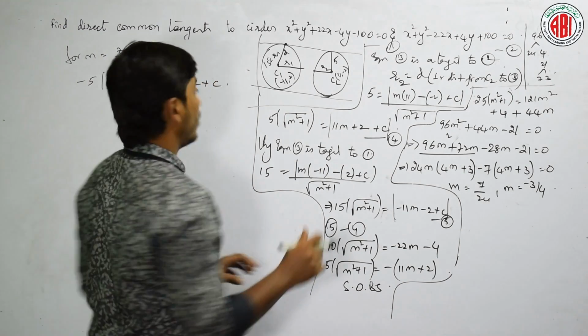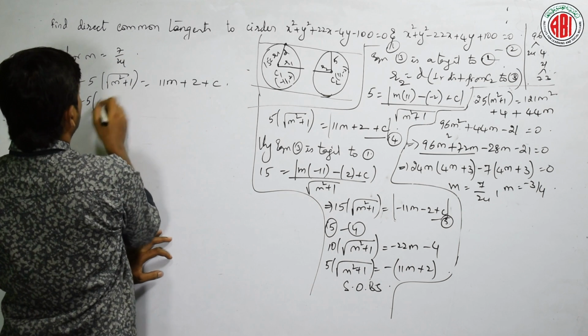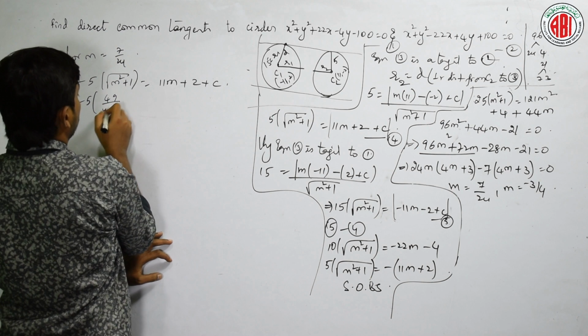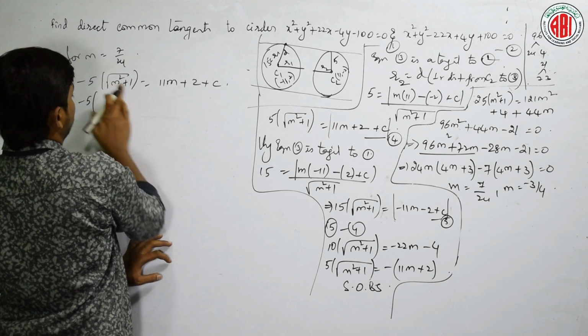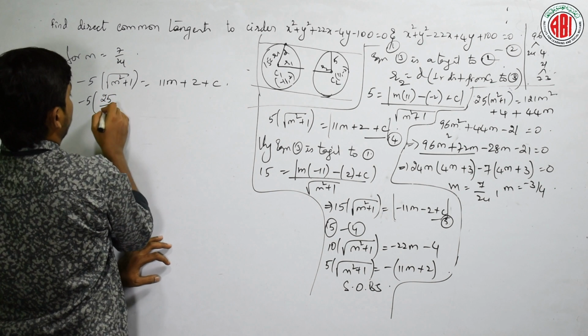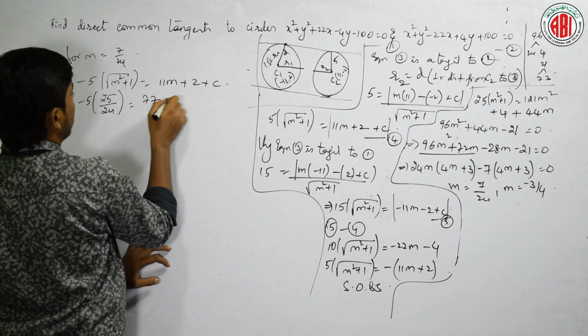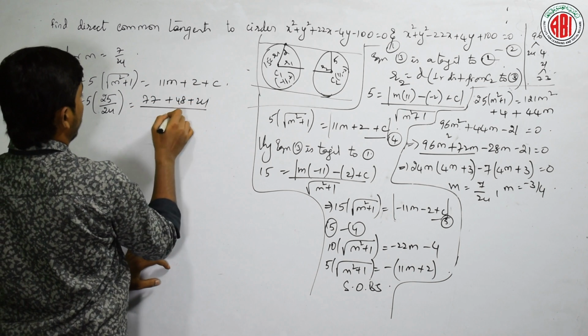Okay. So, let us substitute the value of m here, minus 5 into 7 by 24 is 49 by 576. Again 576 LCM, it becomes 625, which is 25 by 24, that is equal to 77 plus 48 plus 24c whole divided by 24.